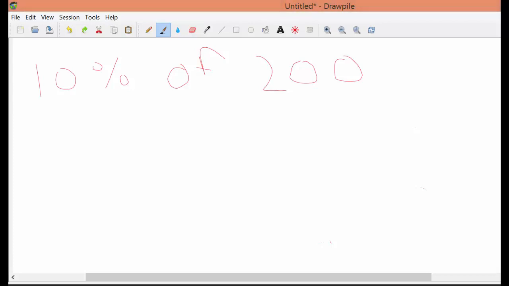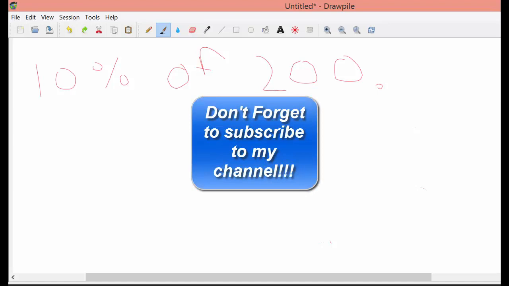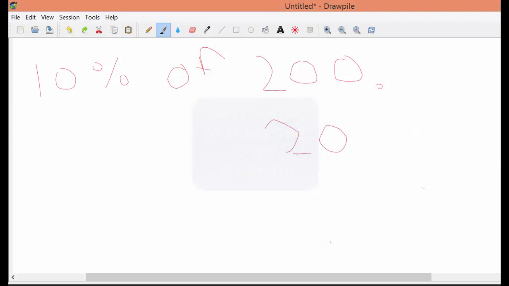So basically, when we're doing percent, especially with 10%, we move the decimal place over one place to the left. That means if our number is 200, we move it one place to the left, which is 20. That's it. 10% of 200 equals 20.